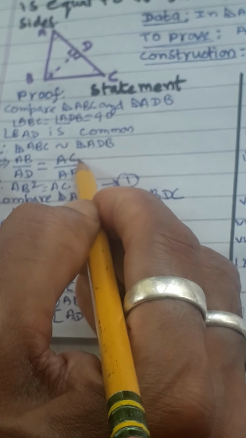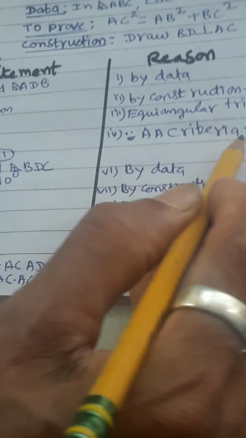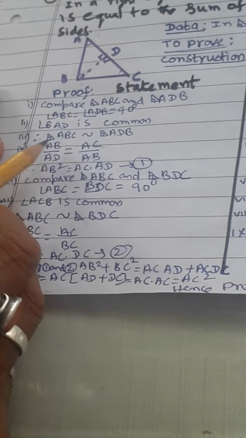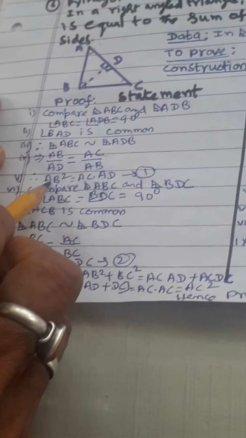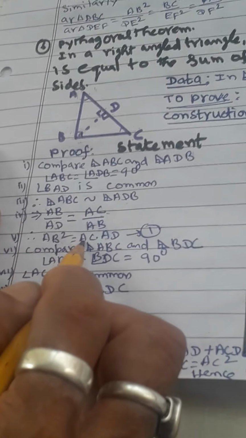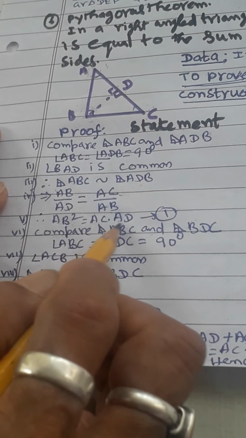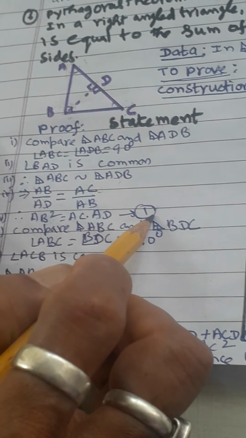These two are equal according to AA criteria. Now cross multiply: AB into AB gives AB square, which equals AC into AD. That we consider as equation number 1.